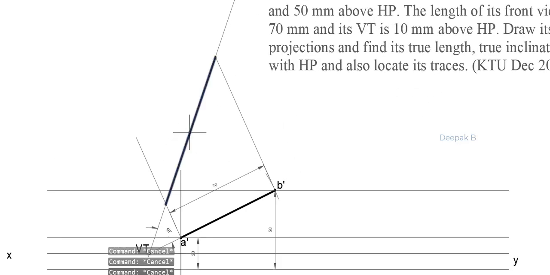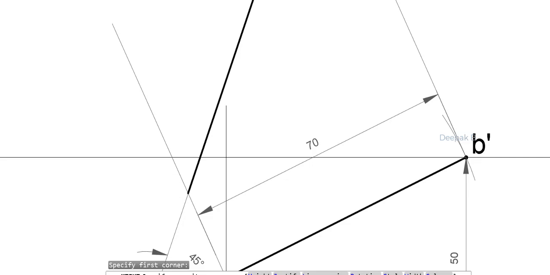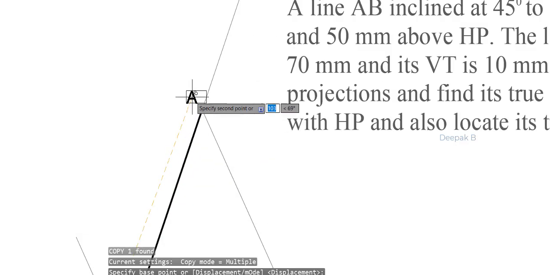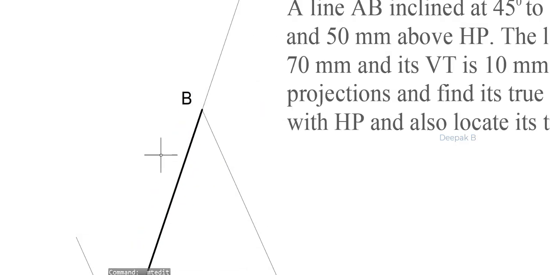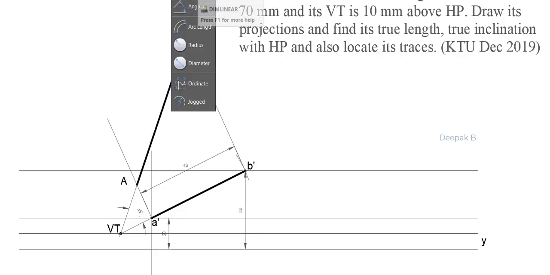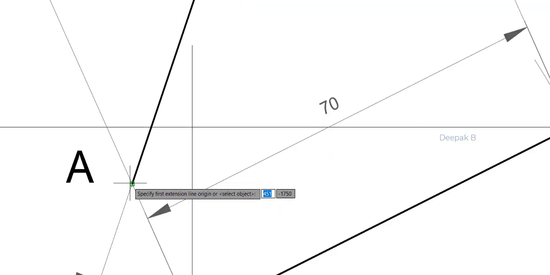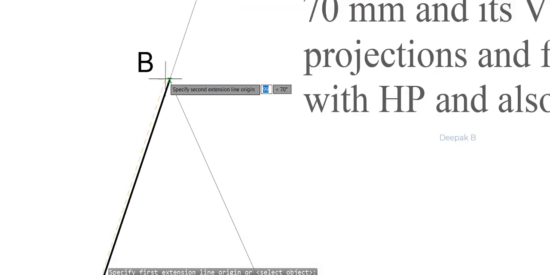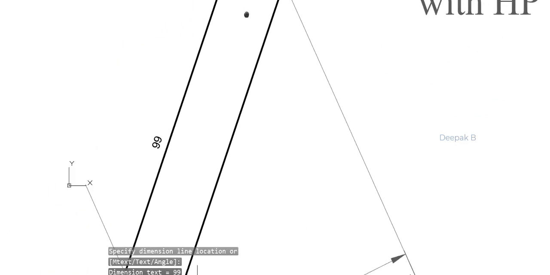Okay, so this is actually the true length. So let me name it capital A and capital B. Now from this we have located, or drawn, the line with its true length. So let us just measure it to see how much it measures. It measures 99 millimeter.